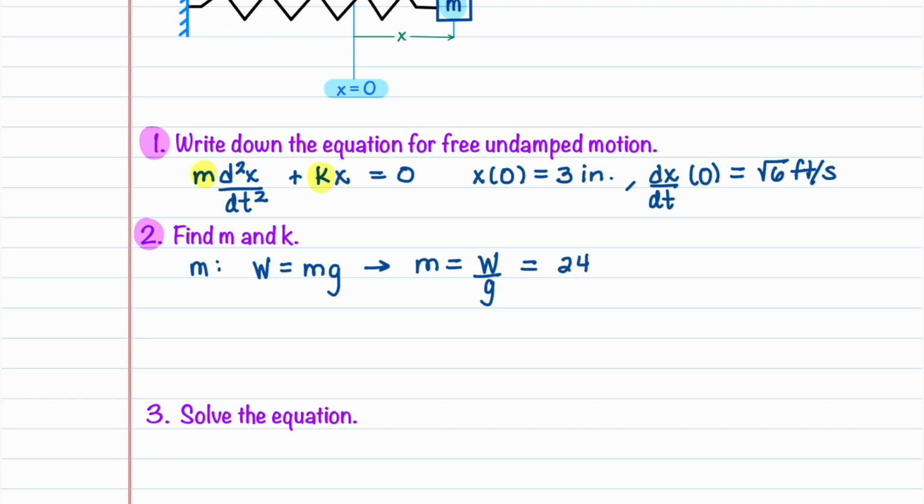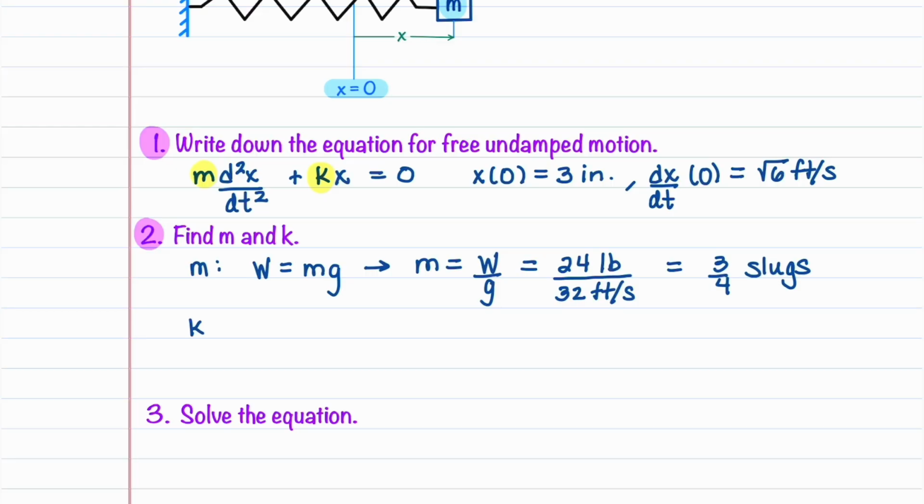So we'll put in 24 pounds, and then we're going to divide by gravity. Because we have pounds, we have to let g be equal to 32 feet per second squared, and this is equal to 3/4, and this is often called slugs, instead of pounds times seconds squared divided by feet.